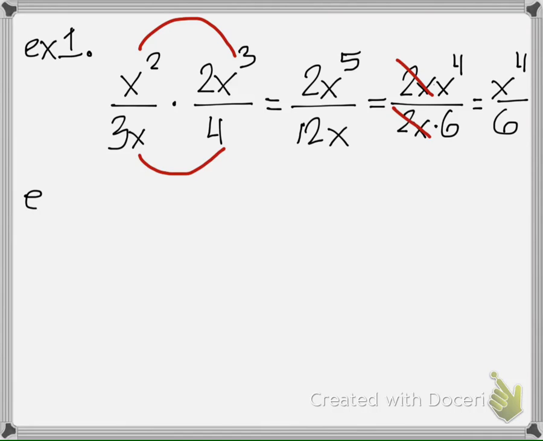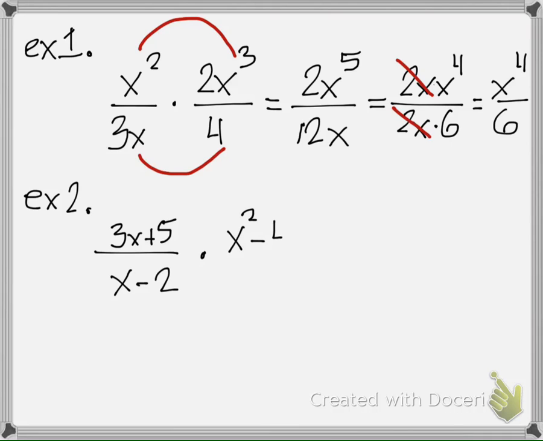Here's another example for you. Example number 2. In example number 2, we have 3x plus 5. We now have a binomial over x minus 2. And over here we have x squared minus 4 over 5.